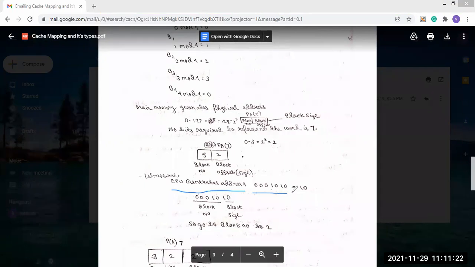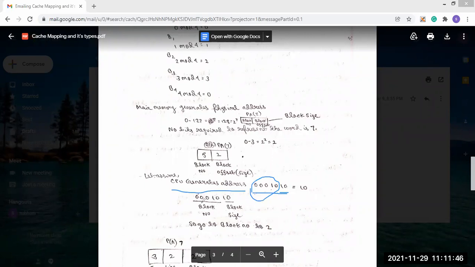Now, if this particular word is to be found in the main memory, then we know that the first 5 bits represent the block number and the last 2 bits represent the block size.